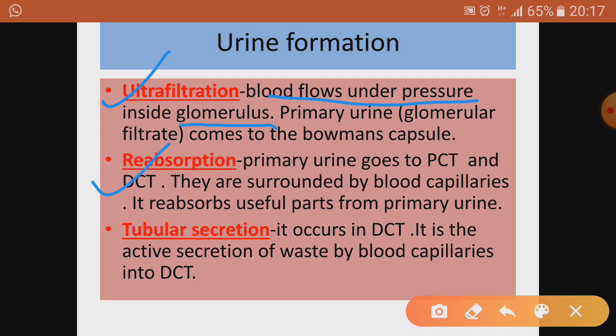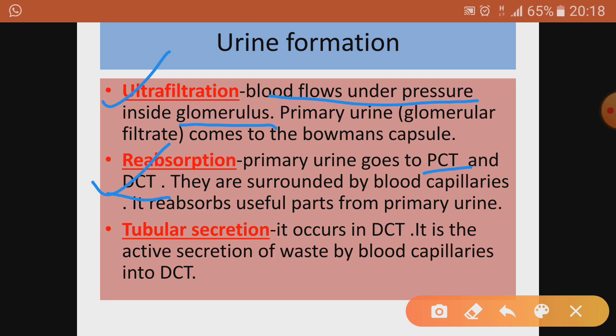Now the reabsorption. The body does not want to lose useful components, so it will try to reabsorb. The blood capillaries which are surrounding the nephron will try to reabsorb the useful substances, and that process is known as reabsorption, and it happens basically in PCT and DCT. PCT is proximal convoluted tubule and DCT is distal convoluted tubule.